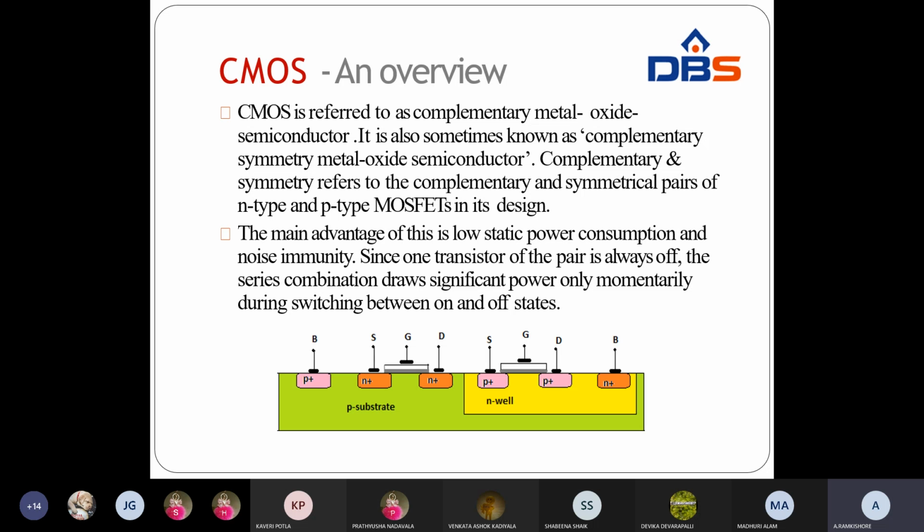What is meant by static power dissipation? Static power means whatever the circuit is, whether in operating mode or working mode or in idle mode, even in the idle mode it will require some amount of power or energy.